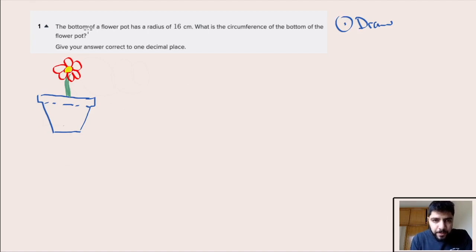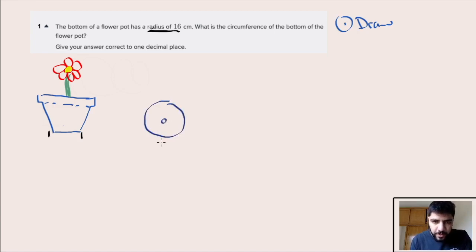So the problem says the bottom of the flower pot has a radius of 16. So just the bottom here, this area here, has a radius of 16. And whenever we use the word radius, we know they're talking about a circle. So if we push this flower pot over, what we would actually see is a circle, right?